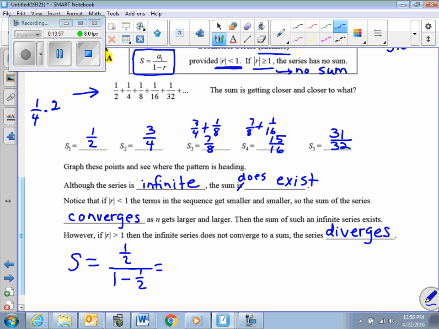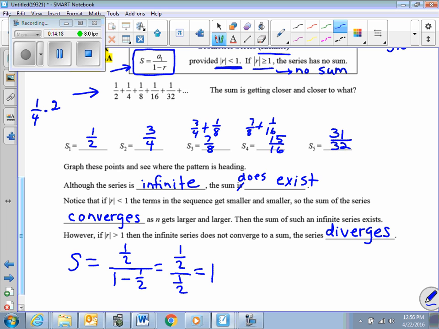So what I get here is 1/2 divided by 1/2, which does equal 1, like I told you a minute ago. This is another little formula you need to remember, because if you have an infinite series, you cannot put that into your calculator and get it to do it for you.